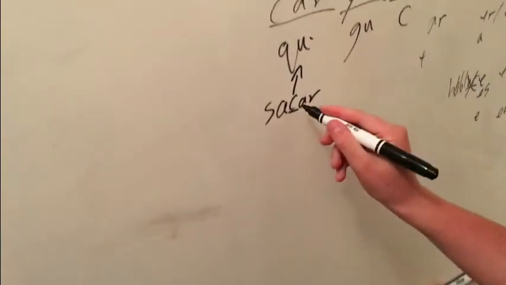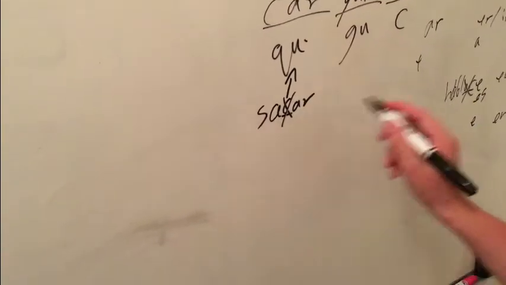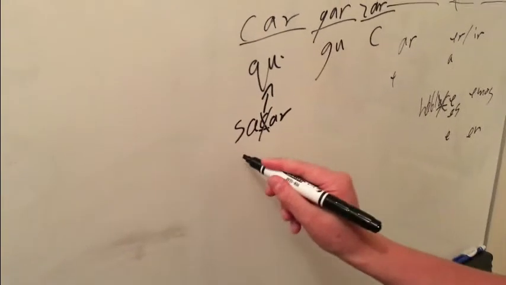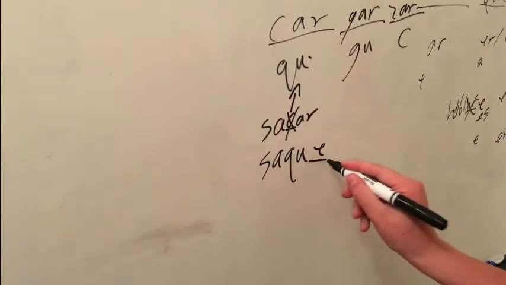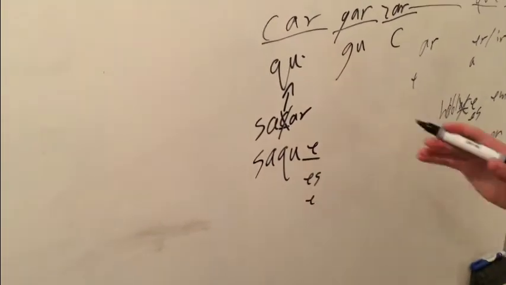The C will change to a QU, you just chop that off, and it'll be this right here plus your endings.